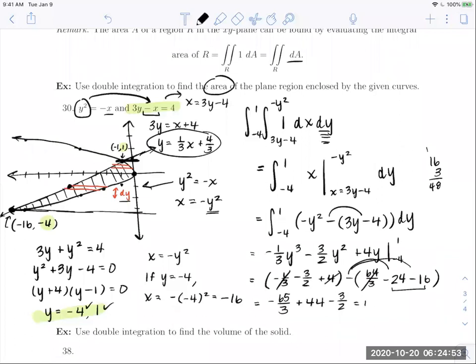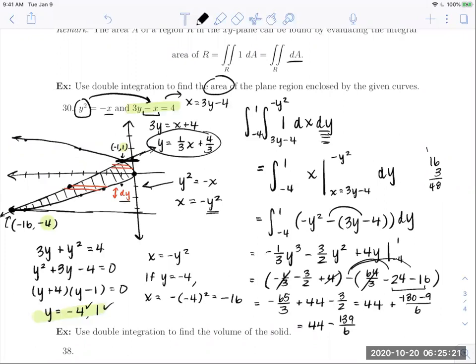So this is 44 plus, let's see, what are we going to get here? 65 times 2 is going to be a negative 130, and 3 times 3 is 9 over 6. So I have 44 minus 139 over 6.